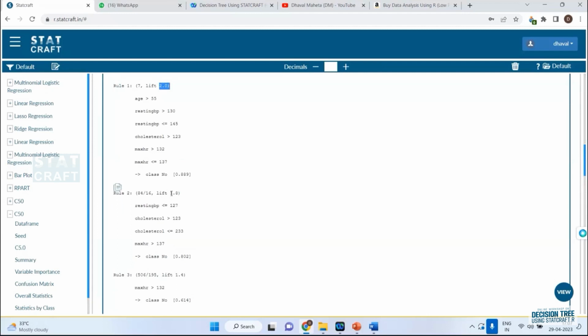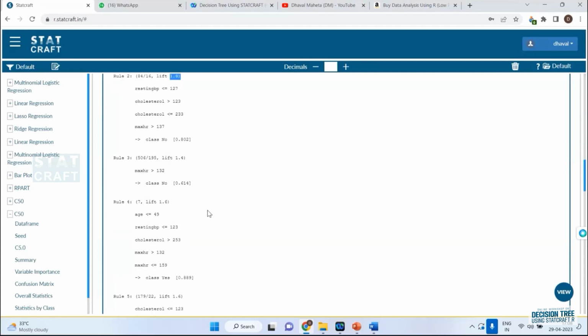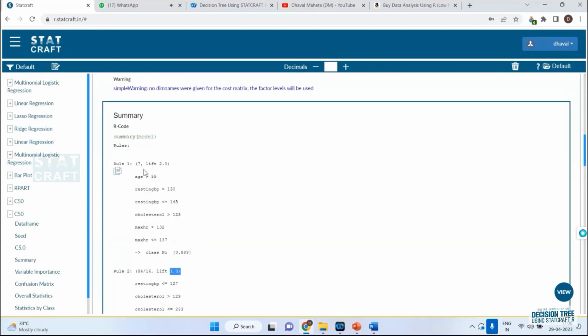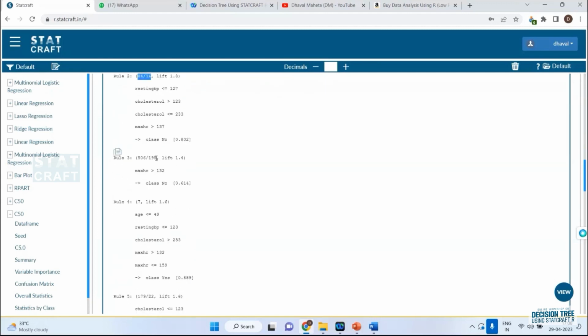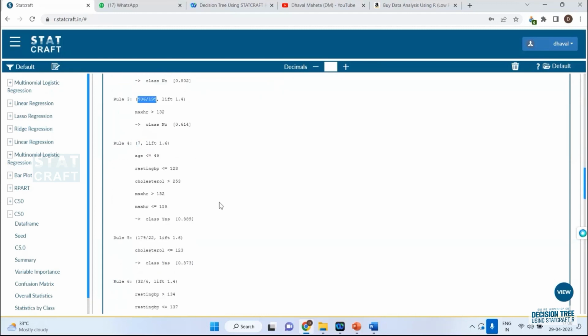Quite good. Here our model is 1.8 times more successful than the random guess. Quite good. So how many cases are there? 7 such cases are there which follow this principle. Here, how many cases are there? 84 by 16. Here, 195 such cases are there out of 506.